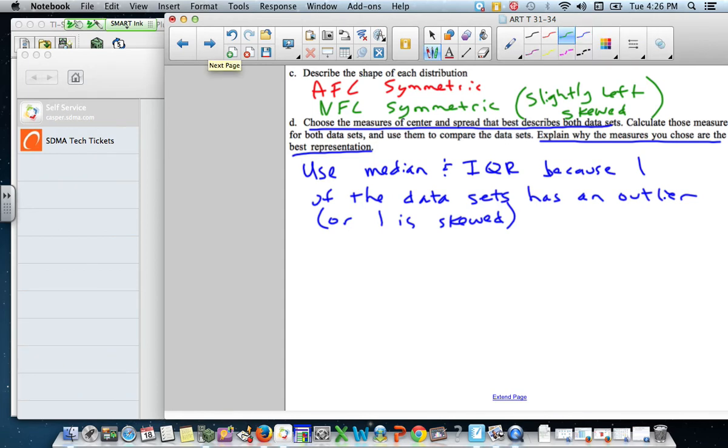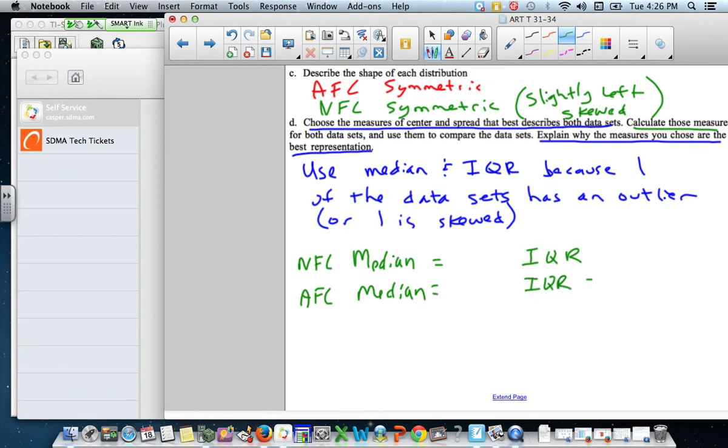So now the next part says calculate those measurements. So I'm going to do that. I'm going to have for the NFC, the median, and the IQR. And I'm going to write that for the AFC, what the median is and what the IQR is.